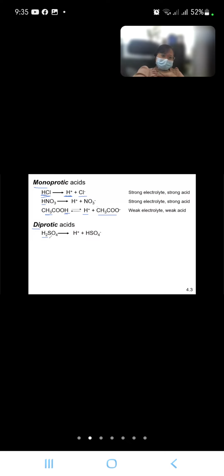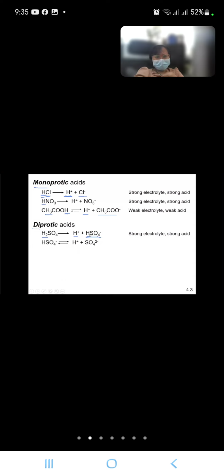Okay? So when this sulfuric acid undergoes ionization, isa sa ang ma-remove sa iya, ha? So kini isa ka hydrogen ion ang ma-remove, so ang mabilin is hydrogen sulfate ion. Okay. So, sulfuric acid is also a strong electrolyte because it is a strong acid.